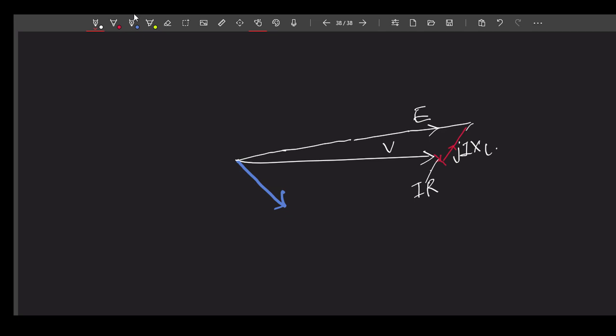Now for E, we can draw a line that is proportional to FR.